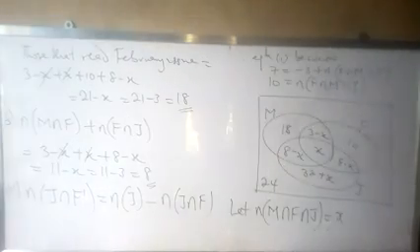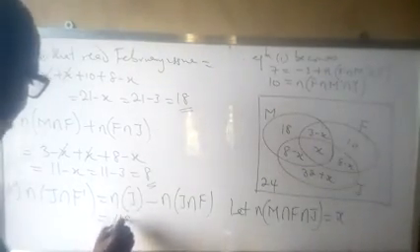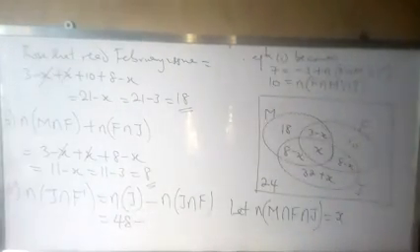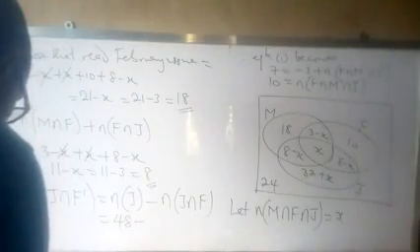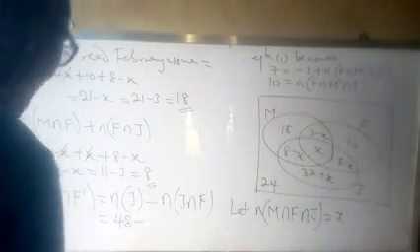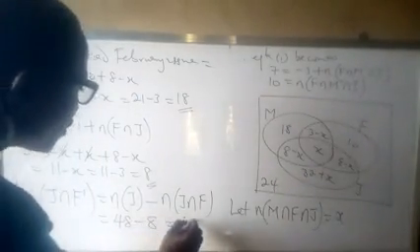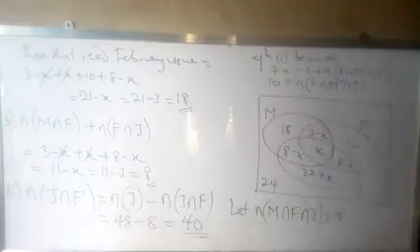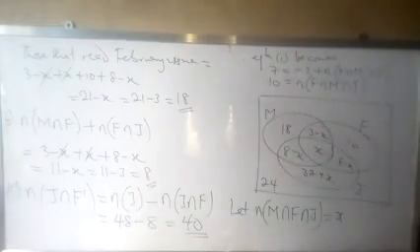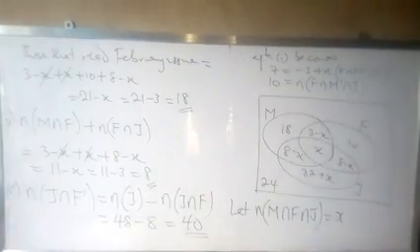Yes, that's 48. So that will be 48 minus the January and February, which we are given as 8. That's good. So that is 40. So those that read January but not February are 40 in number.